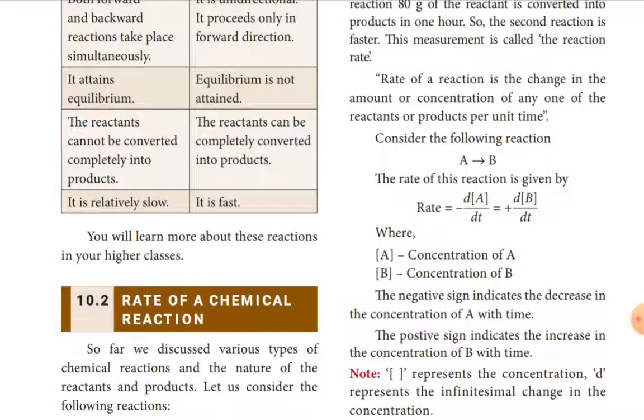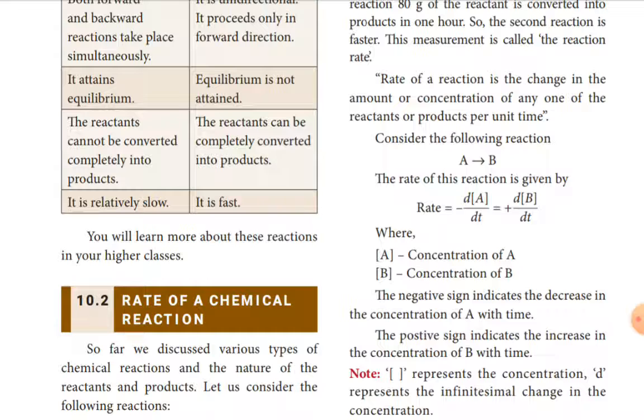Rate of a reaction is equal to minus dA by dt, that is equal to plus dB by dt. What is the meaning of that negative sign? That negative sign indicates the decrease of concentration of A in a particular interval of time. At the same time, the plus sign indicates the increase of concentration of product B in the specified time.